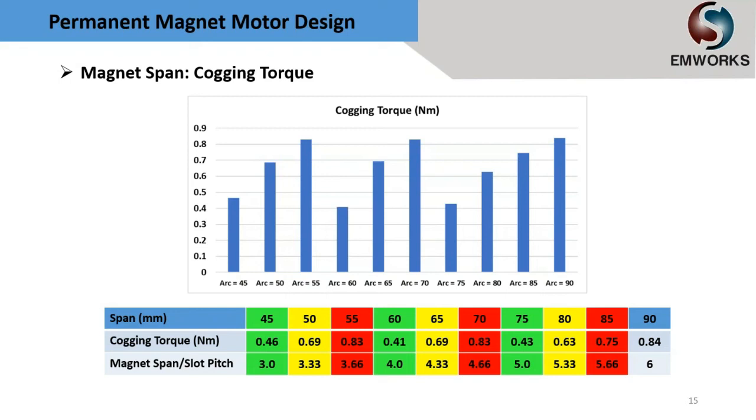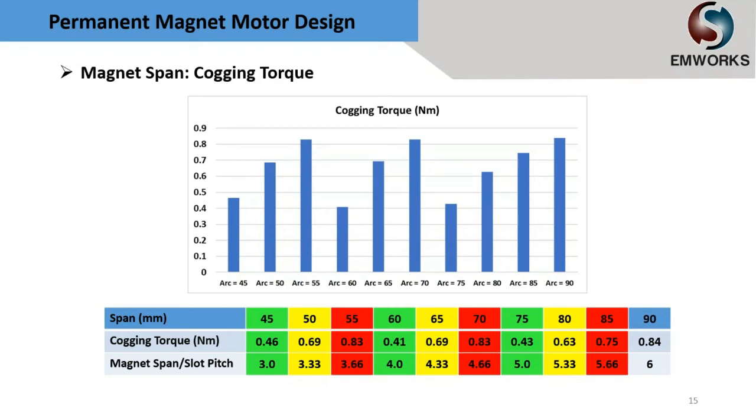And for magnetic span of 55, 70, and 85 degrees, where the ratios are 3.66, 4.66, and 5.66 respectively, the peak values are around 0.8 Newton meter.